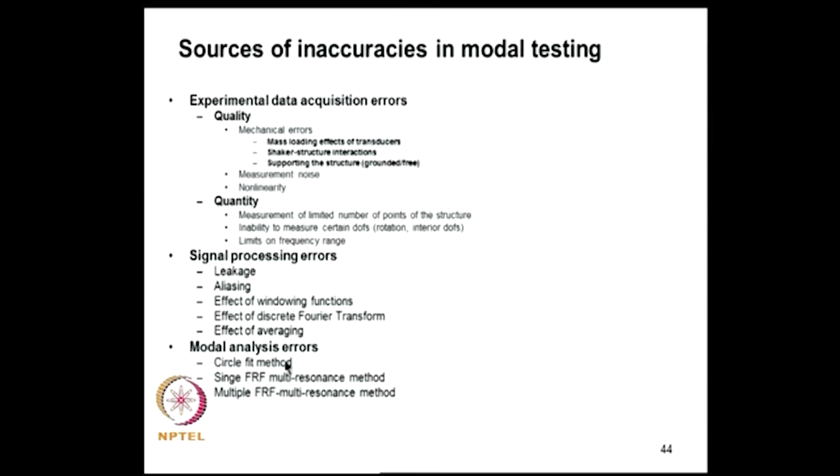A simple one is the circle fit method; you can use a single FRF or multiple FRF method, and so on and so forth. So, we have not discussed these issues, but I am summarizing the possible sources when we do model testing. Model testing is aimed at finding natural frequencies, mode shapes, participation factors and modal damping through experimental methods.